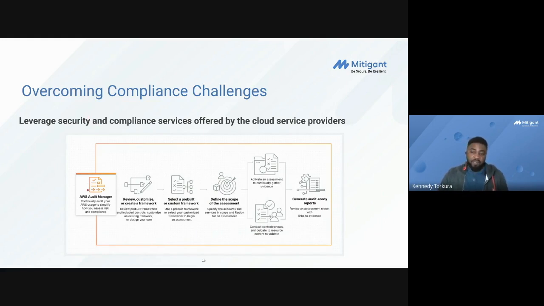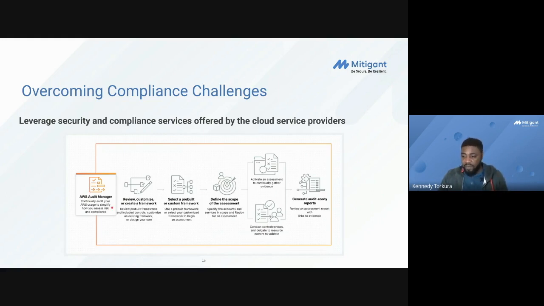Amazon Web Services has a product called Audit Manager. What the Audit Manager does is simplify the process of becoming compliant. It basically helps you to gather evidence. It helps you to go through the processes. Eventually, it communicates with the other security tools and services that we saw in the last slide.